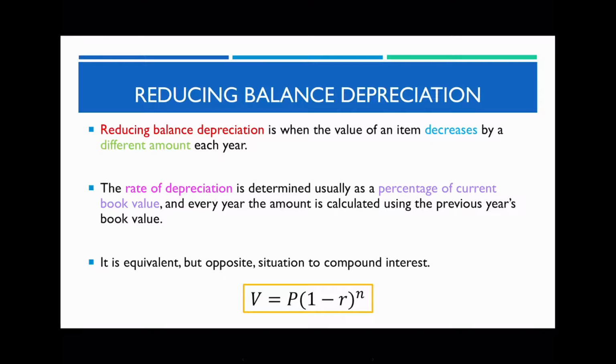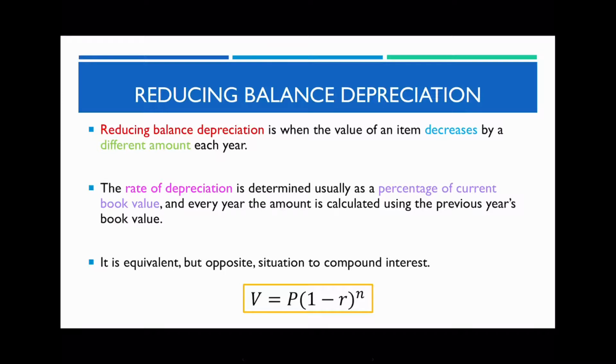Reducing balance is always going to be different, okay? And the amount it goes down by is dependent on the current book value. So it's going to be a percentage of the current book value, and because it's dependent on the current book value, it's very similar to compound interest, but in reverse.